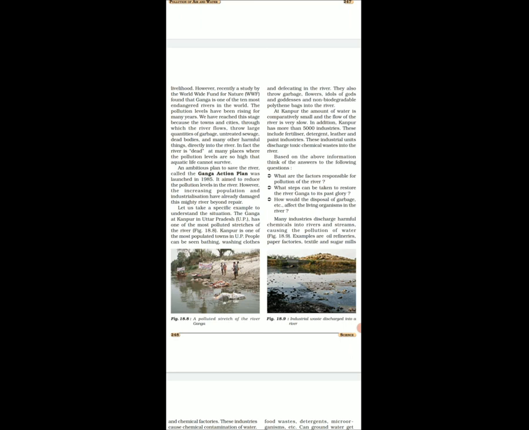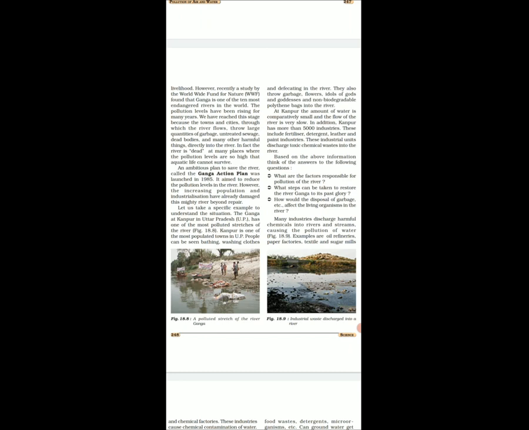livelihood. However, recently a study by the World Wide Fund for Nature, WWF, found that Ganga is one of the 10 most polluted rivers in the world. The pollution levels have been rising for many years.